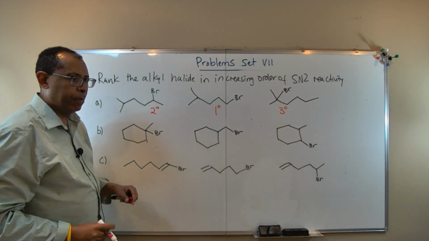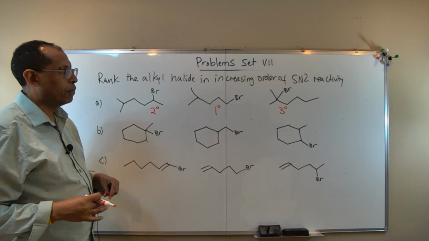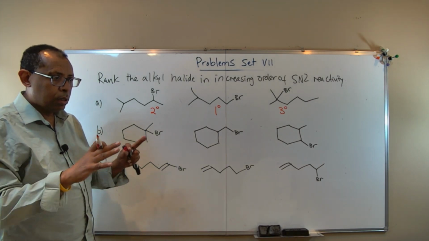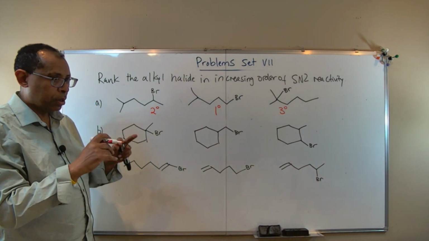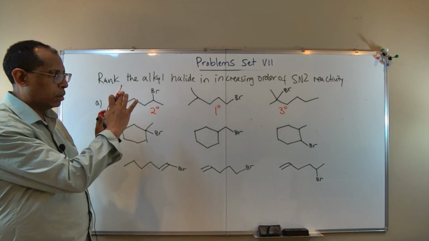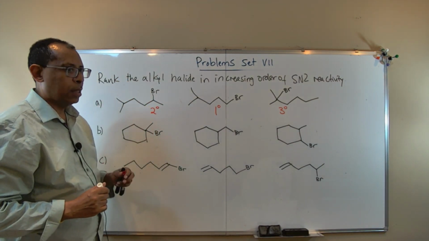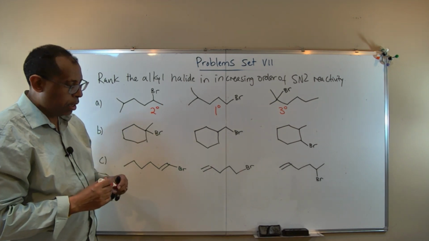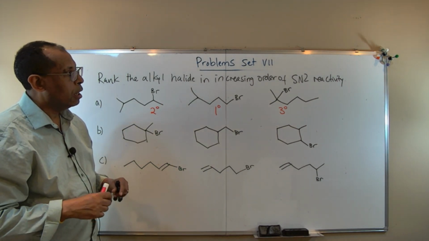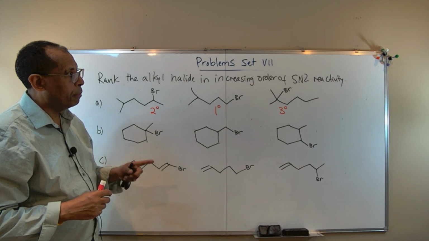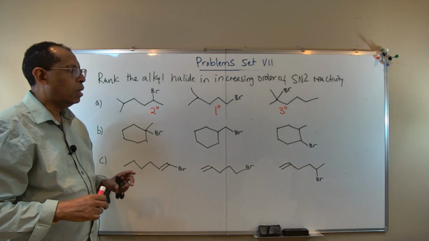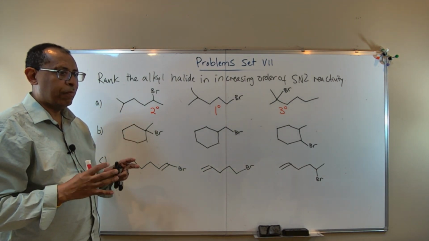If you remember our discussion of alkyl halides, in the transition state both the nucleophile and the electrophile are involved in the highest-energy transition state. That's why it's called a substitution reaction of the bimolecular type. So sterics is very important.